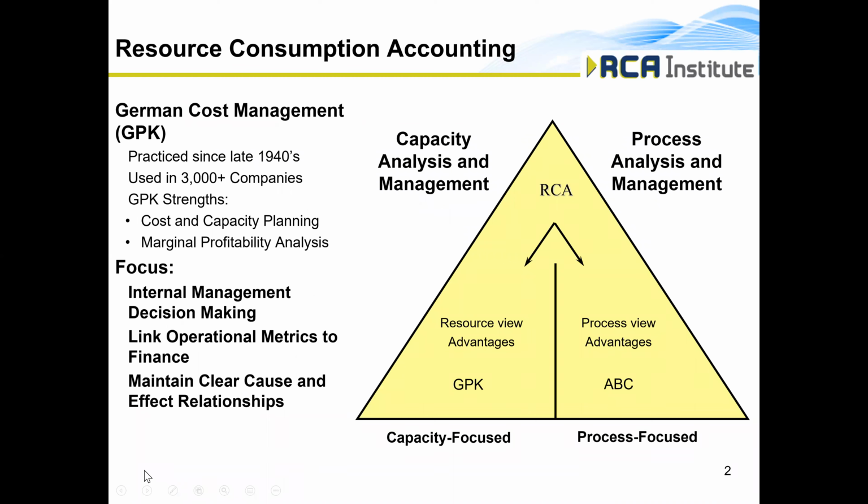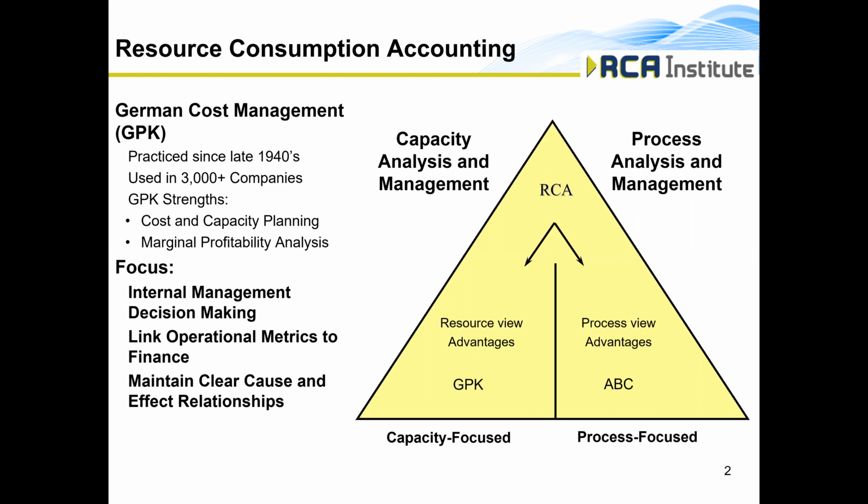So I use this slide in every presentation. It's about resource consumption accounting. Resource consumption accounting is a combination of German management accounting methods that have been used since the 1940s and are still in wide use in companies in Germany and some other areas of Central Europe, and the activity-based costing methodologies to give you the process view.